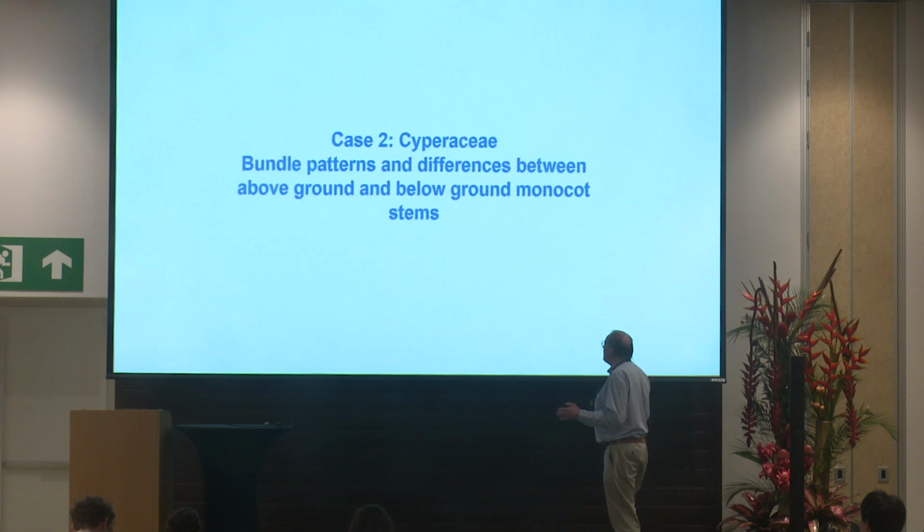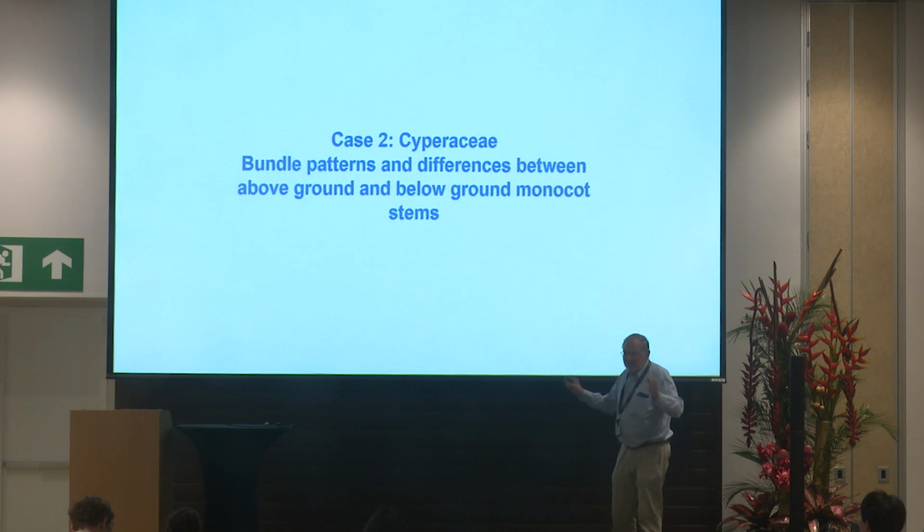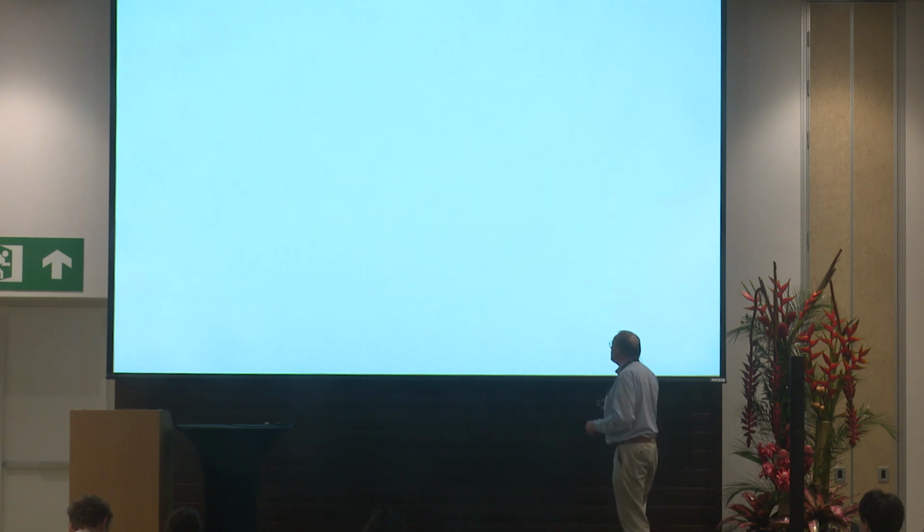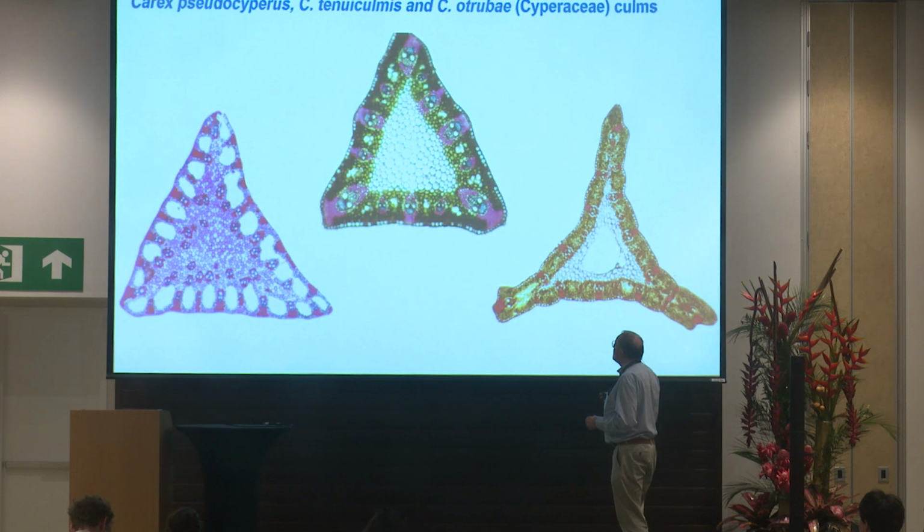So let's look at another group. I took examples by chance, so it takes a book to cover all this, but to exemplify it, I took a few selected families, and I took sedges.